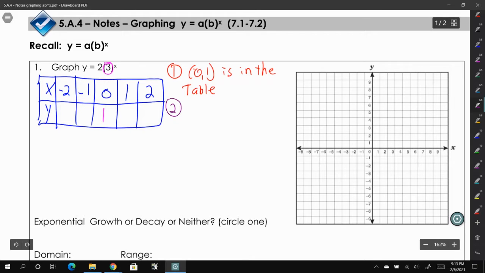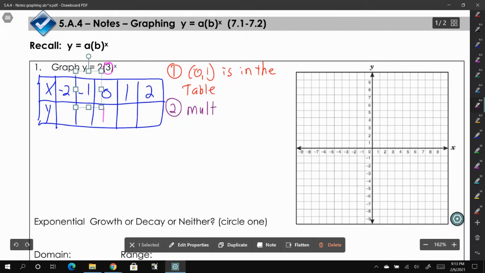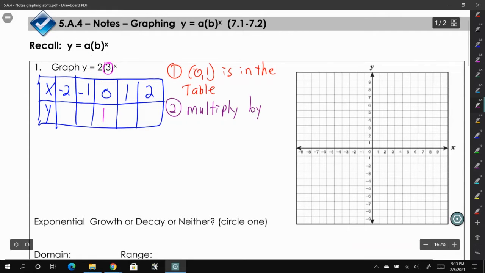And then step 2, we're going to multiply by our B value. So I'm going to take my 1 and multiply by 3 because it's my B value, and I get 3. And then take 3 and multiply it by 3, and I get 9.